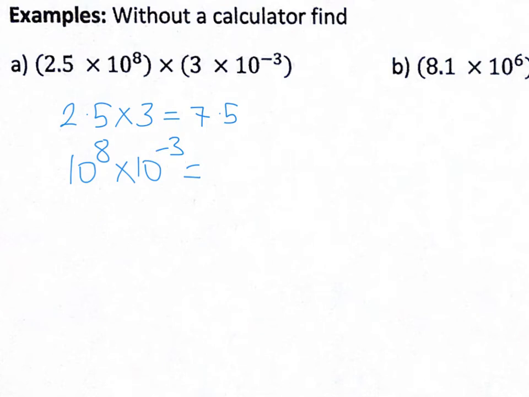That will become 8 take away 3, which is 5, and we get 10 to the power of 5. Combining those two parts, we get 7.5 times 10 to the power of 5. The 7.5 is less than 10 and bigger than 1, and we've got a whole number power of 10, so we've got an answer in standard form.